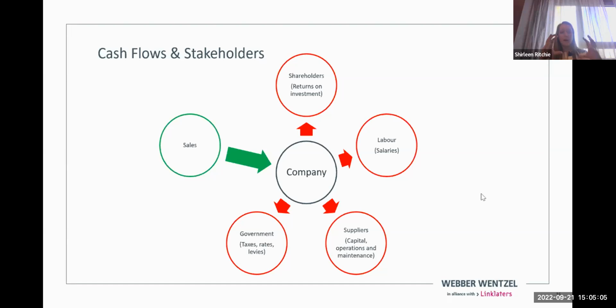Of course, an extractive company will generate revenue from sales, so you have the cash that comes in, and every one unit of cash that comes in has to be distributed broadly amongst the red bubbles you see on the screen. The shareholders are waiting for a return on investment, labor will demand a salary, suppliers will demand payment, and government will demand rates and taxes.